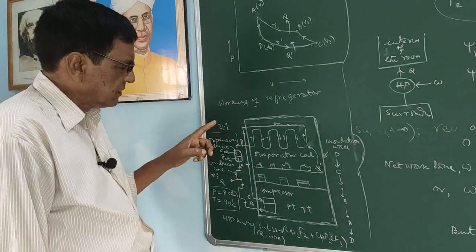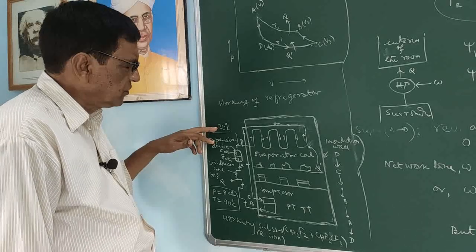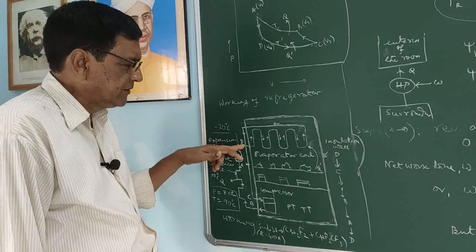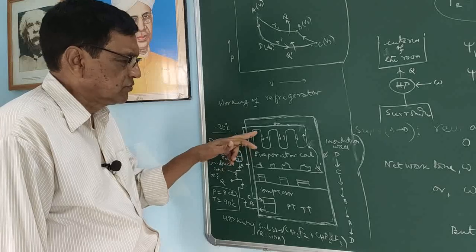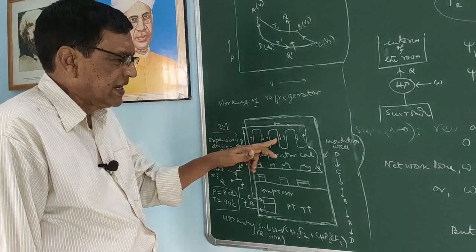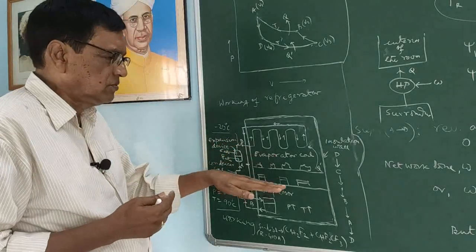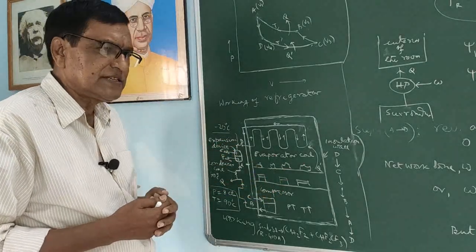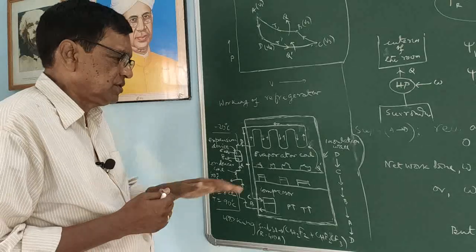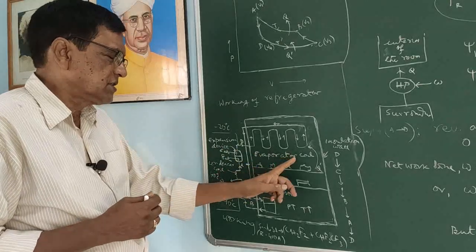At this very low temperature, the liquid again passes through the evaporator coils, and the process is repeated to cool down the substances kept inside this freezer.